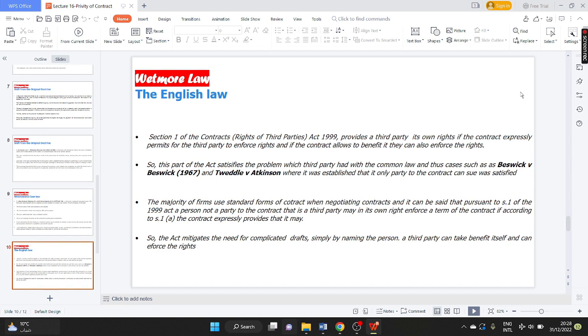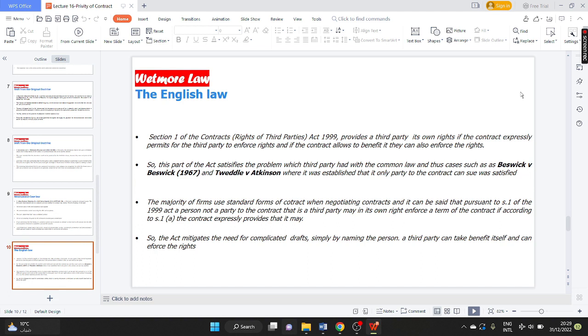So this part of the Act satisfies the problem which third parties had with the common law, and thus cases such as Beswick and Tweddle v Atkinson, where it was established that only a party to the contract can sue, were addressed.